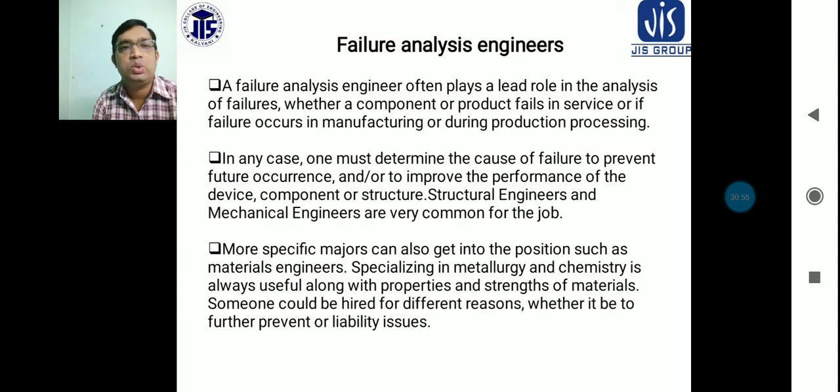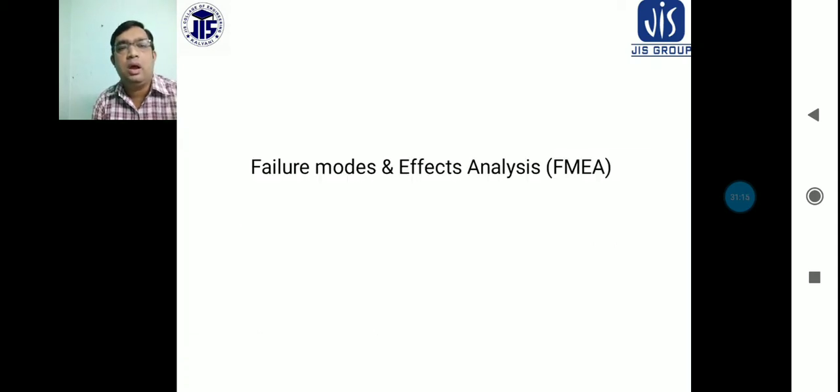More specific majors can also get into the positions, such as materials engineering, specializing in metallurgy and chemistry, which is always useful along with the properties and strengths of materials. Some could be hired for different reasons, whether to further prevent failures or for liability issues.